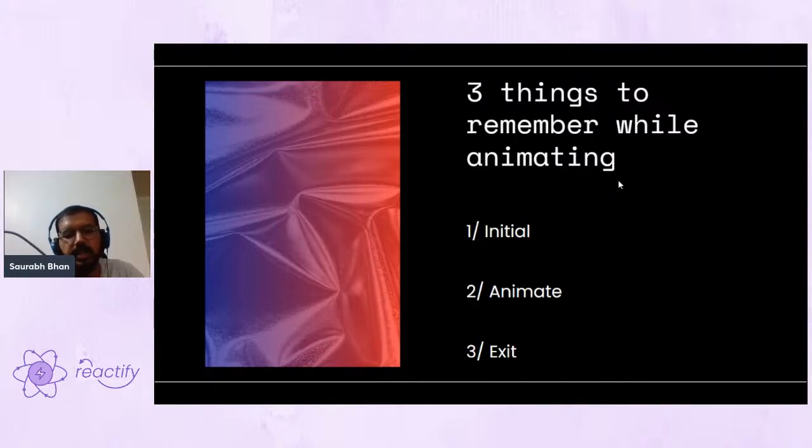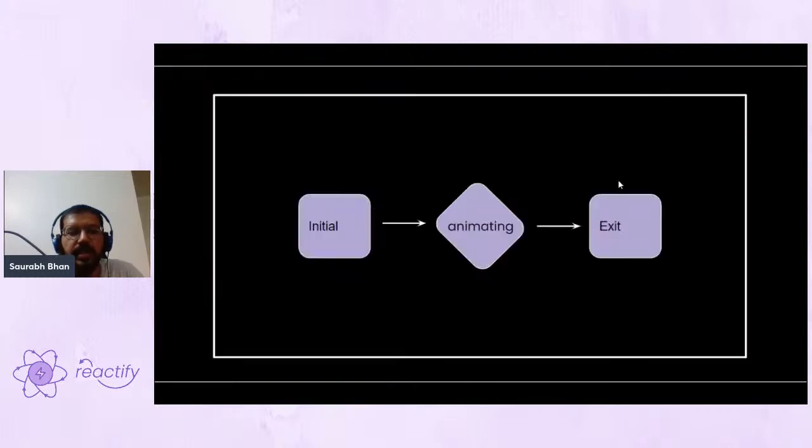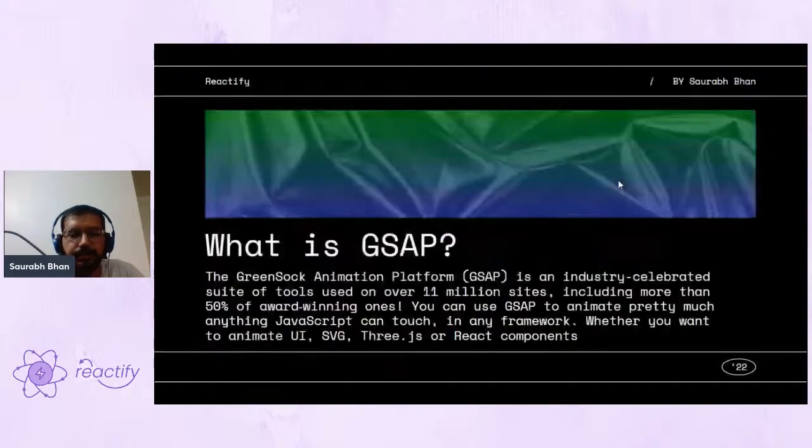While animating it will be in the animation state on the scene, and after it exits the screen, that will be the exit state for that particular object. So you have to keep in mind all these three states, the initial, the animating, and the exit states, and basically these will be the starting point for our animations. This is how it works.